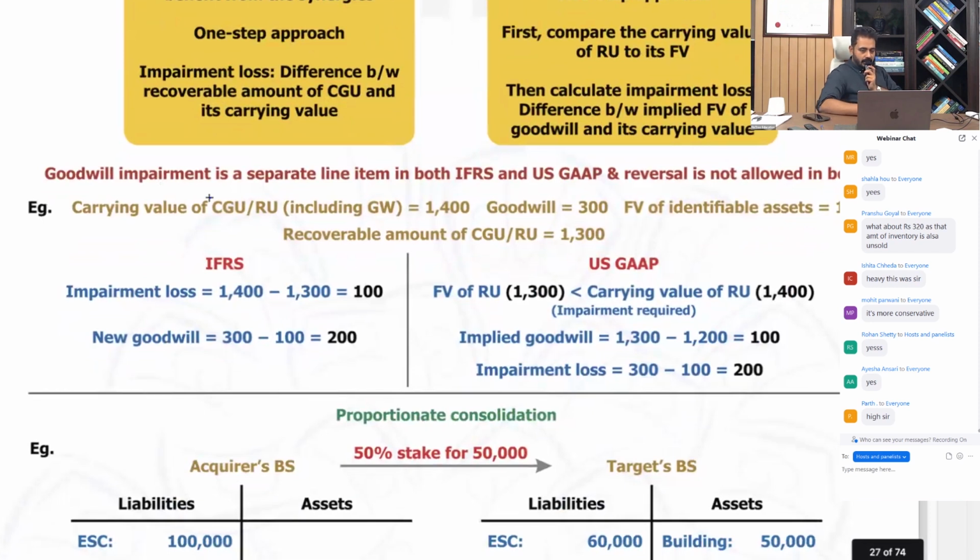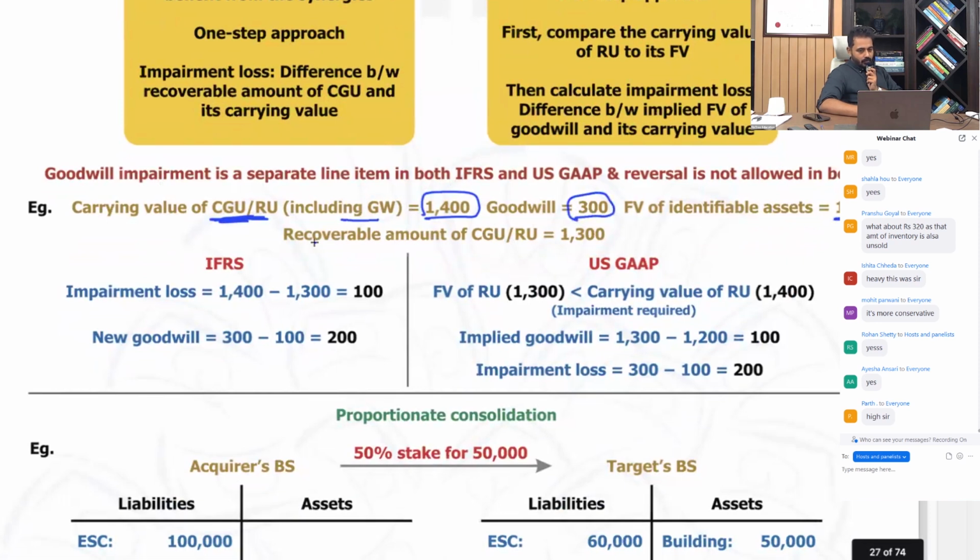Now, let's say I have a carrying value of cash generating unit or reporting unit. That's like a technical term in accounting world. Inclusive of goodwill worth 1400. Now, currently recognized goodwill on the books is 300. Fair value of the assets are 1200.